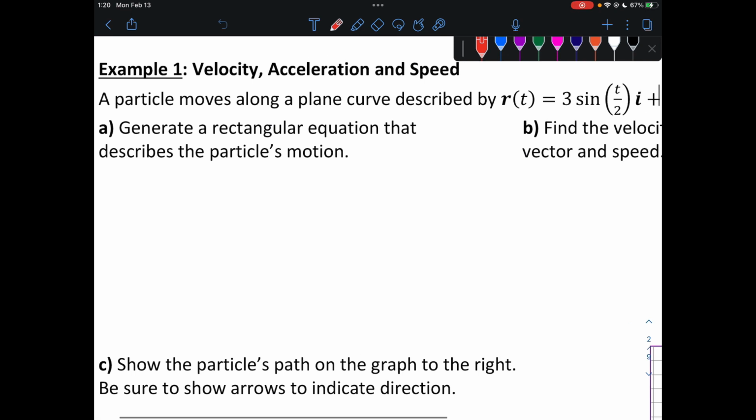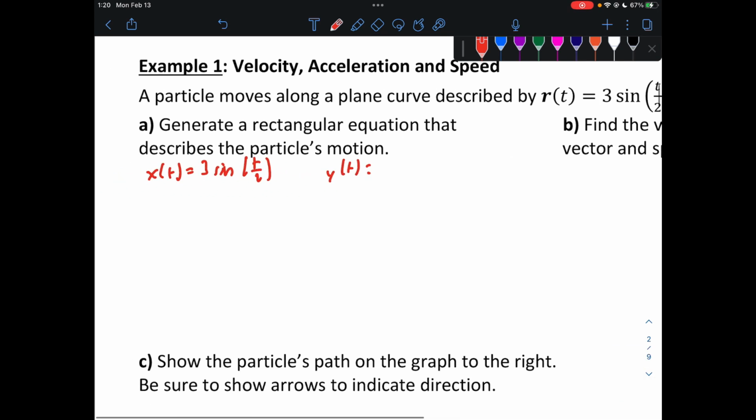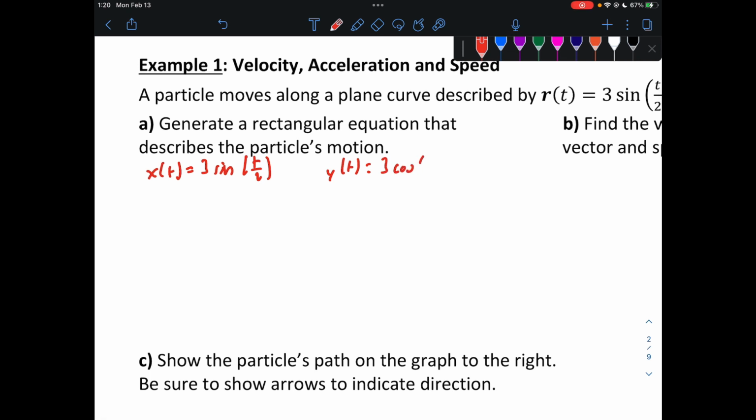Okay, so we have here that x of t equals 3 sine t over 2, and y of t equals 3 cosine t over 2.